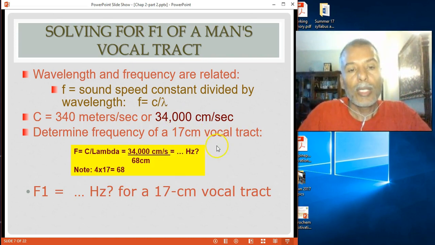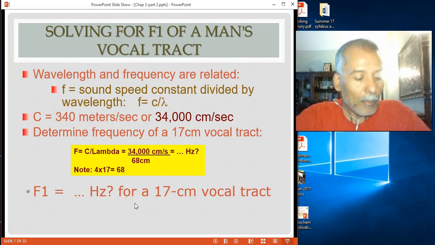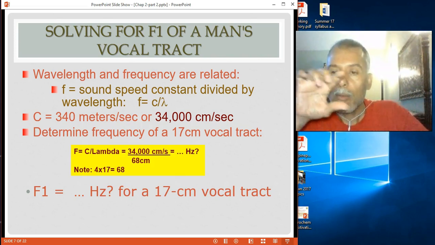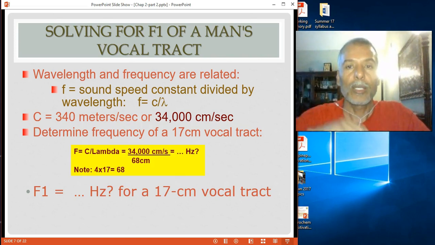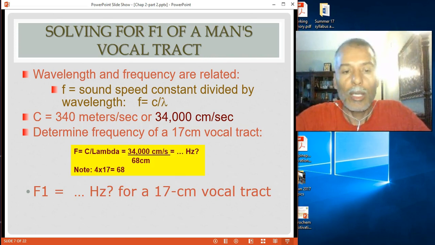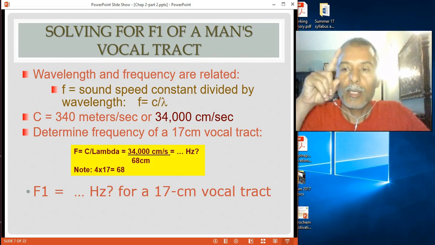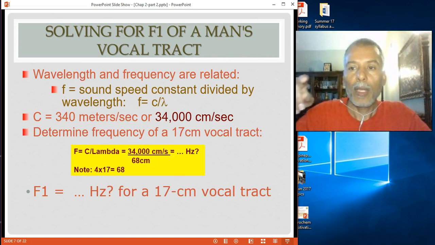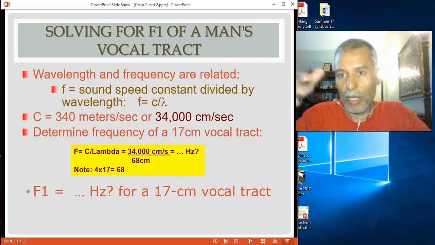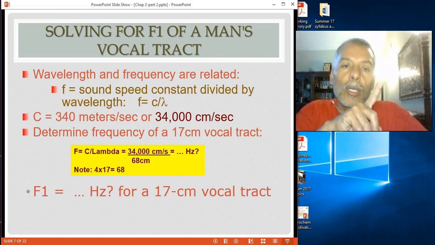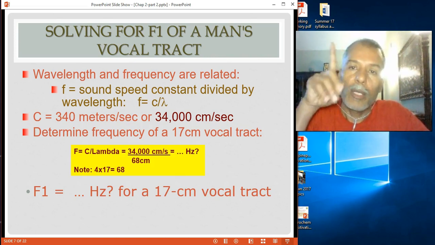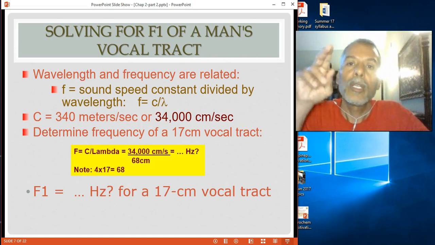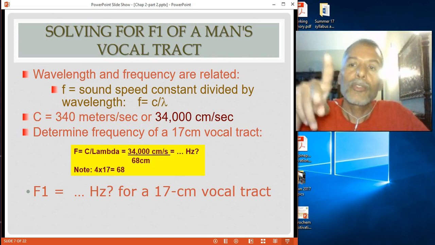So now we'll take the same person. When you have the harmonics series that we showed in class yesterday, we said the fundamental frequency is on the far left, and then everything else comes from there. Like if you have a fundamental frequency of 100, the first harmonic is going to be 200, the second harmonic will be 300, and so on.